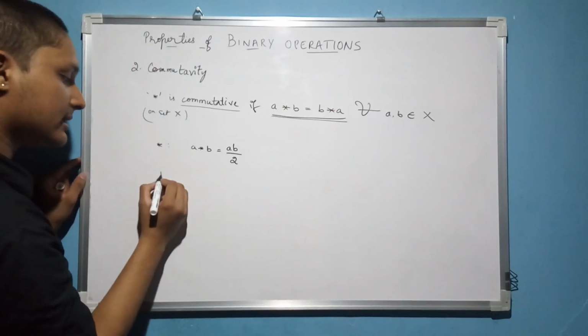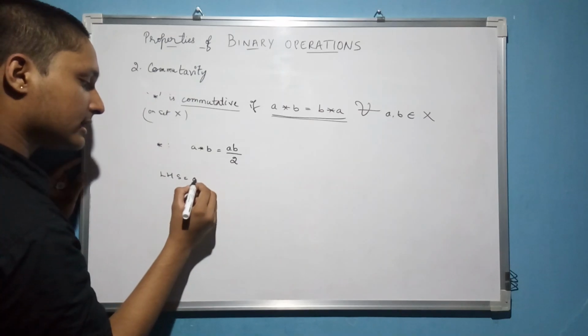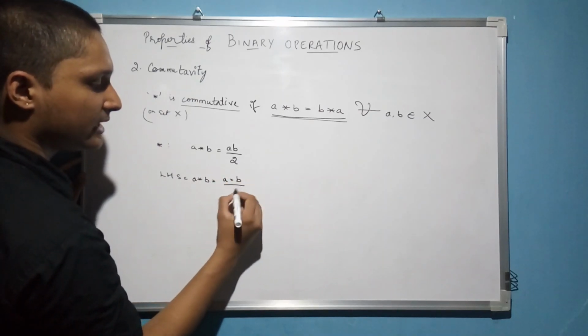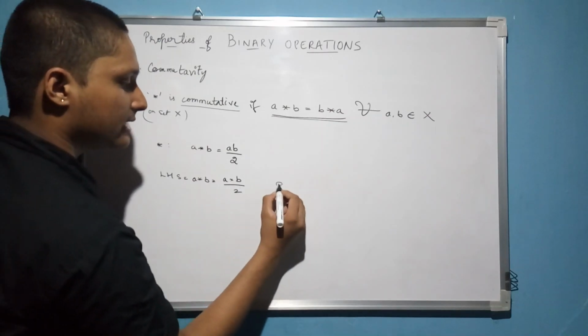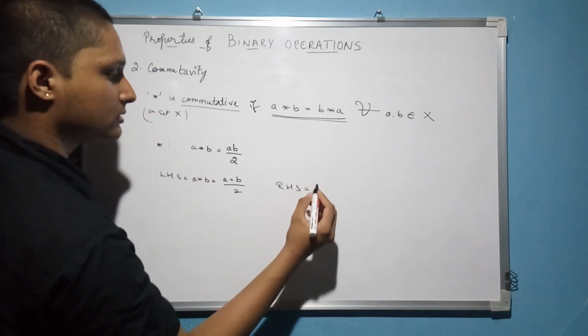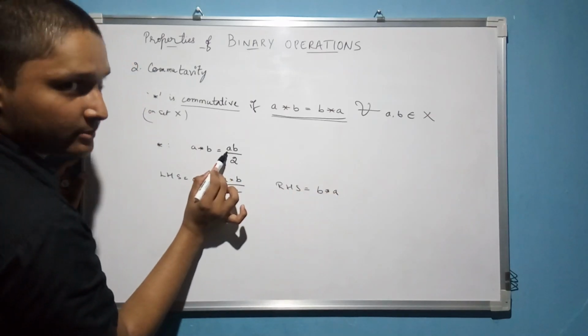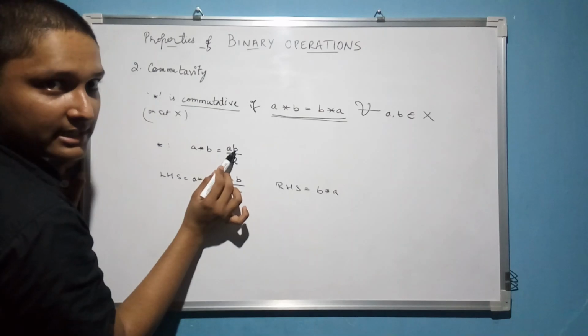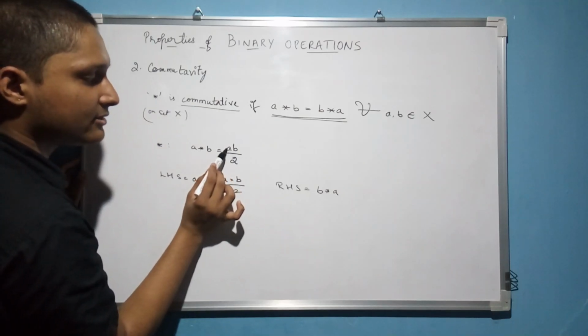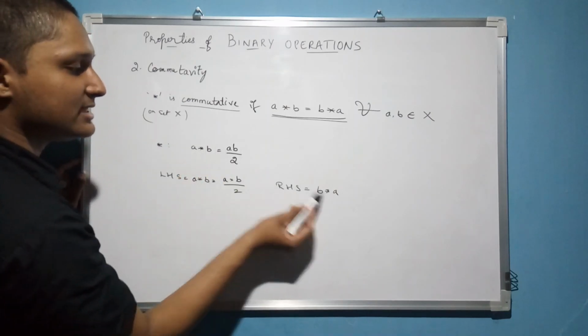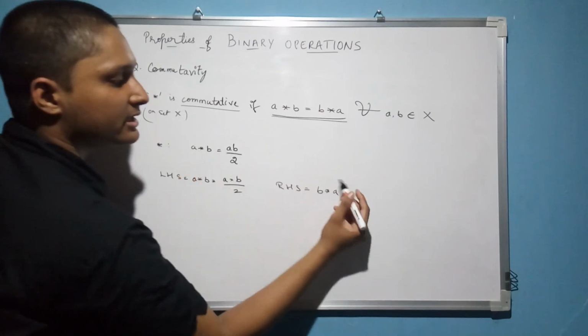So what does LHS say? LHS is equal to A star B. A star B is equal to A into B divided by 2. Right? What is the RHS here? RHS is equal to B star A. In the first place I need to write B, in the second place I need to write A. Wherever A is there, you need to write B, because B is first here. This is B star A, so B should be written first.